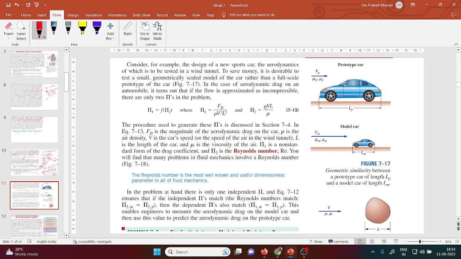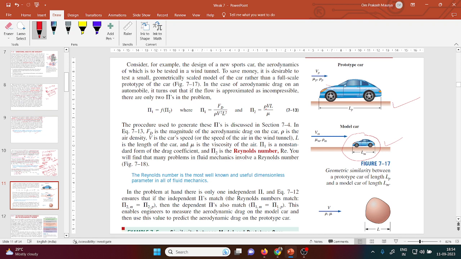Now we'll take one example: the prototype car and the model car. This is the bigger one, the prototype, and for a study we consider the model car, analyze the results, and modify the geometry of the car.